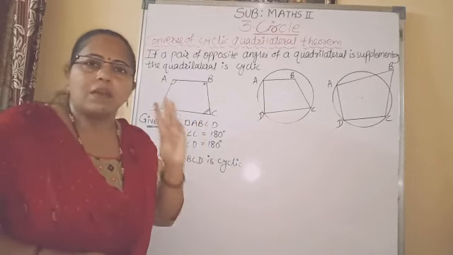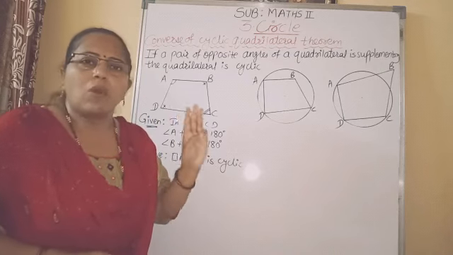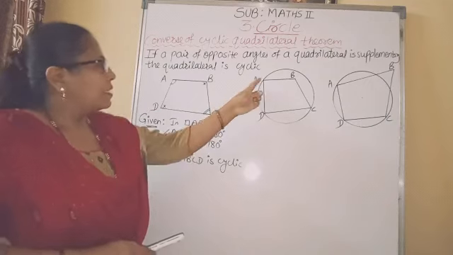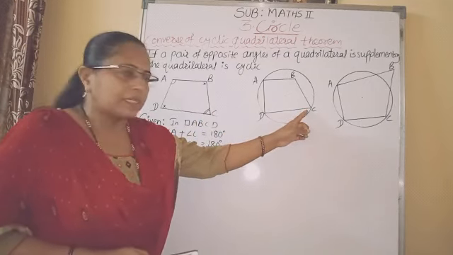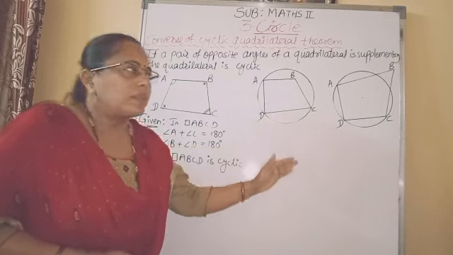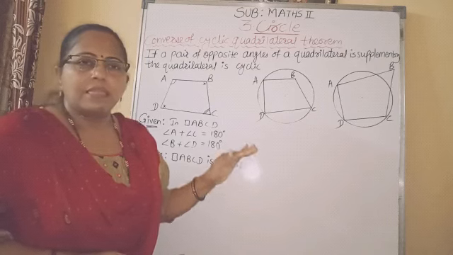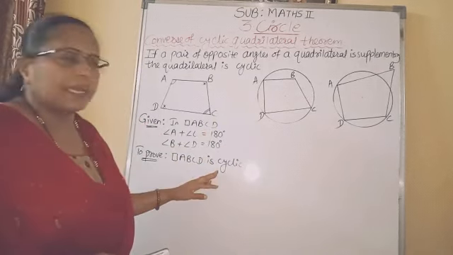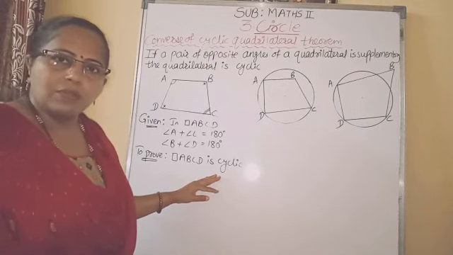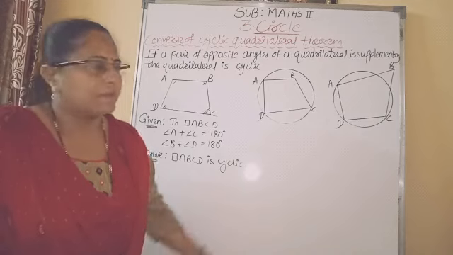Then ultimately third possibility is true, that point B is on the circle. 3 points are already concyclic, and we got the 4th point is also on the circle. Then we can say that ABCD is cyclic quadrilateral. Understood?